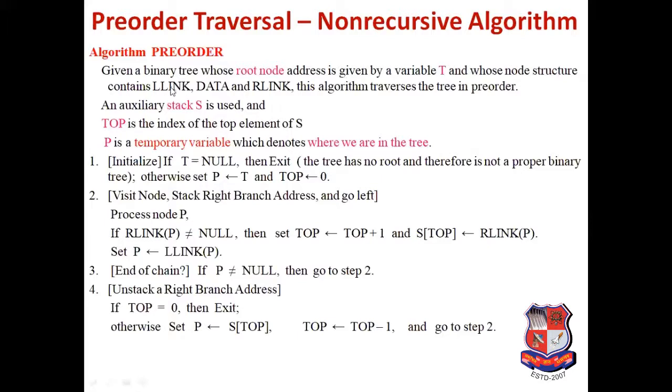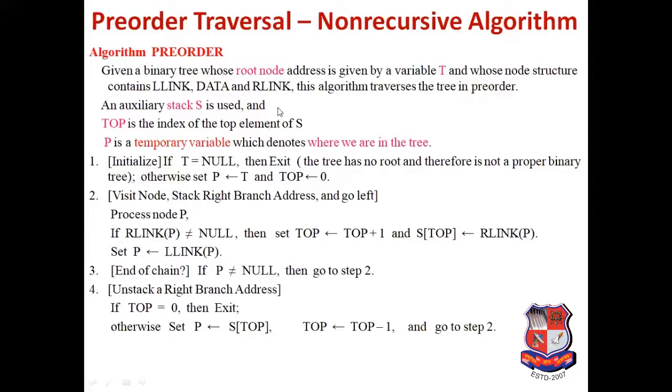Left link is a pointer to the left subtree, data is the value of the node, and R link is a pointer to the right subtree. S is a stack. Top is the pointer that points to the top element of stack S. P is a temporary variable which denotes where we are in the tree, or let's say P tells us the current node that we are processing. So these are the variables that we are using in the algorithm.